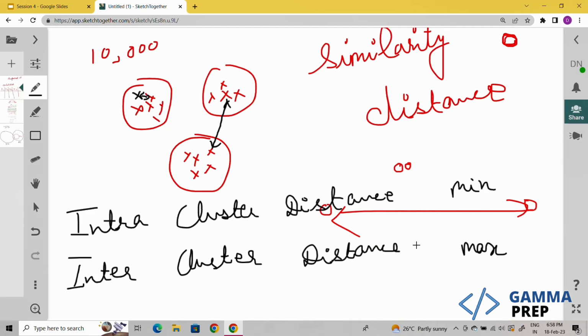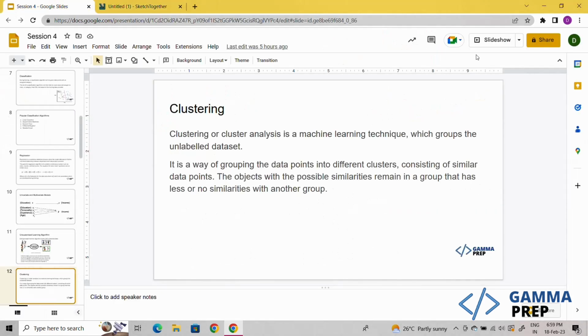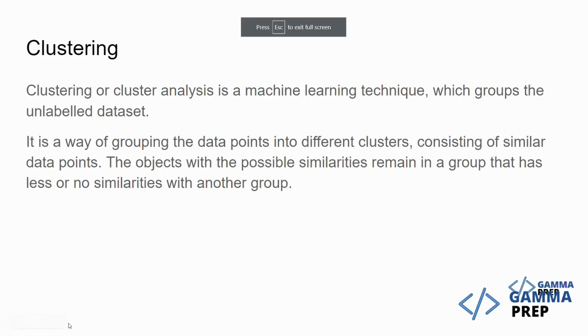So the main principle of clustering is that the intra-cluster distance, the distance between 2 points in the same cluster, should be minimized, and the inter-cluster distance, that is the distance between 2 points in 2 different clusters, should be maximized. That's what clustering is. Let's have a look.